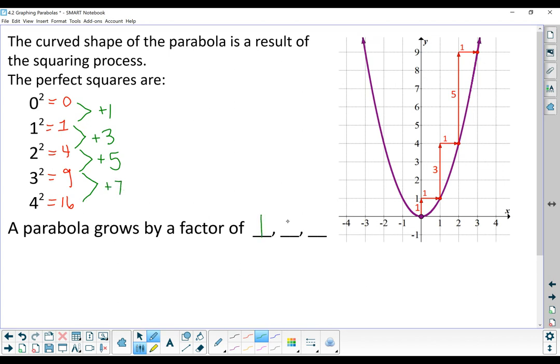So we use this 1, 3, 5 pattern to help us graph the U-shaped parabola. So starting at the vertex, we go up 1 over 1, and then we go up 3 over 1, and then we go up 5 over 1. So each time we go over 1, and we use a 1, 3, 5 pattern for how we go up.